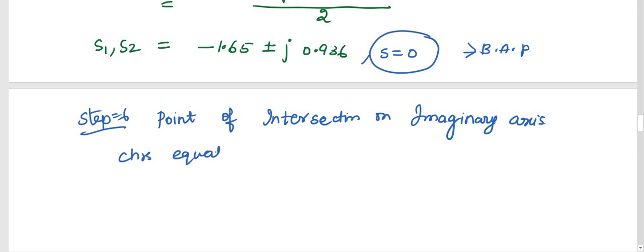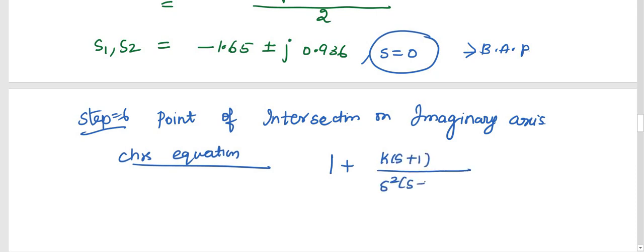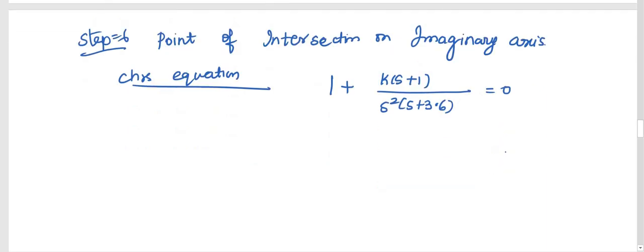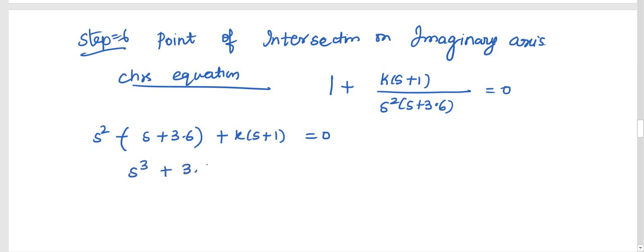So the characteristic equation is 1 plus k into (s plus 1) divided by s square into (s plus 3.6) equal to 0. Cross multiply this: s square into (s plus 3.6) plus k into (s plus 1) equal to 0. So expand this: s cube plus 3.6 s square plus ks plus k equal to 0.